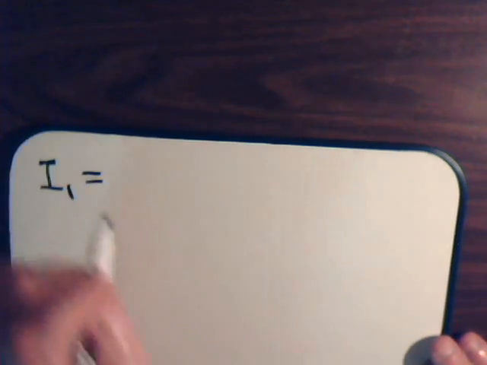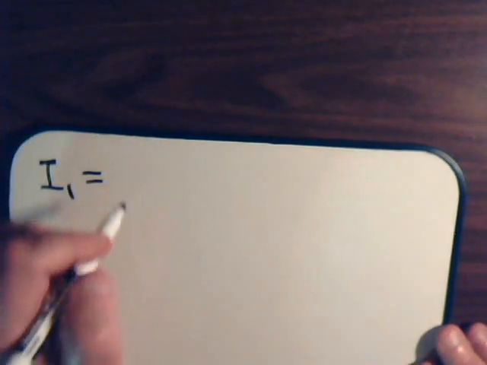So let's say that we have a current I1, and we're just going to write it out in long form like this.